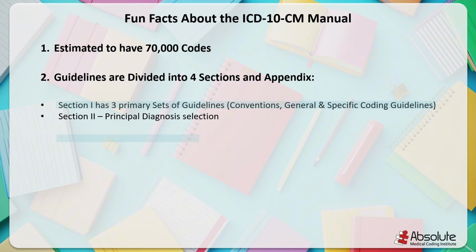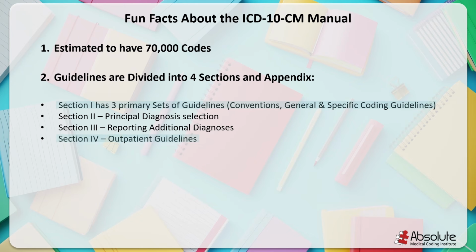Then you've got Section 2 guidelines. This is your principal diagnosis selection. If you are interested in facility coding, this is where you get your guidance. Also, Section 3, you get guidance for reporting additional diagnoses. And again, these two are for facility coding primarily.